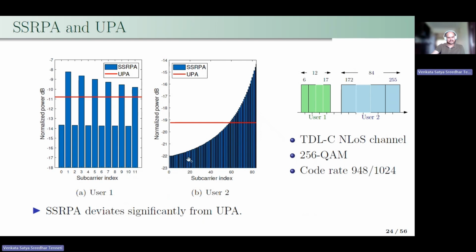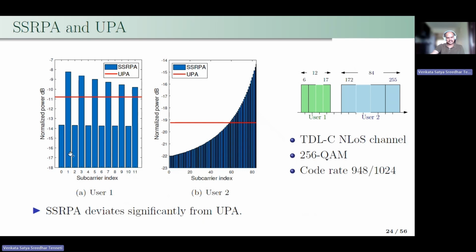Now we'll compare our proposed power allocation with the uniform power allocation, which is used in 5G. This is the allocation of the subcarriers to the users. User 1 uses 12 subcarriers and user 2 uses 84 subcarriers. The offset of user 1 is 6 and the offset of user 2 is 172.